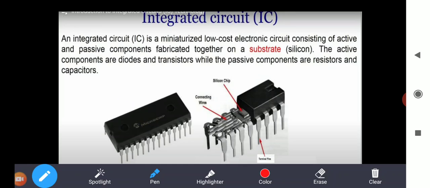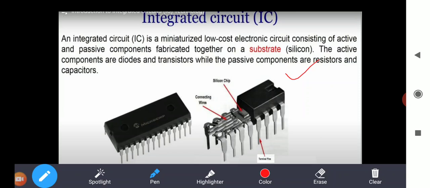So if you see this diagram, here this IC, after manufacturing, this is the complete IC.